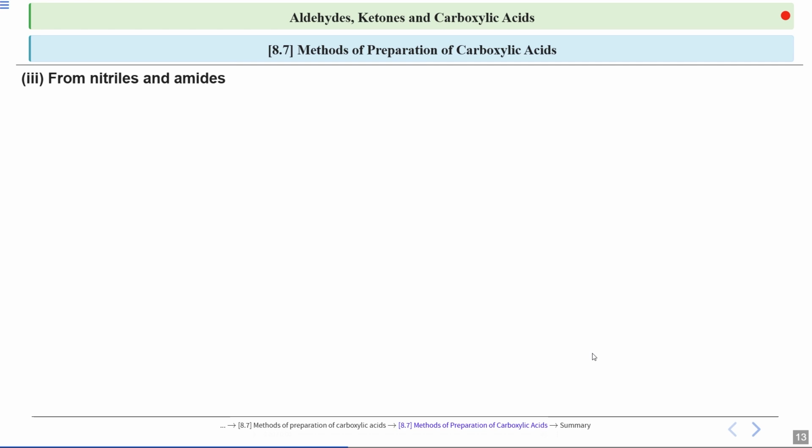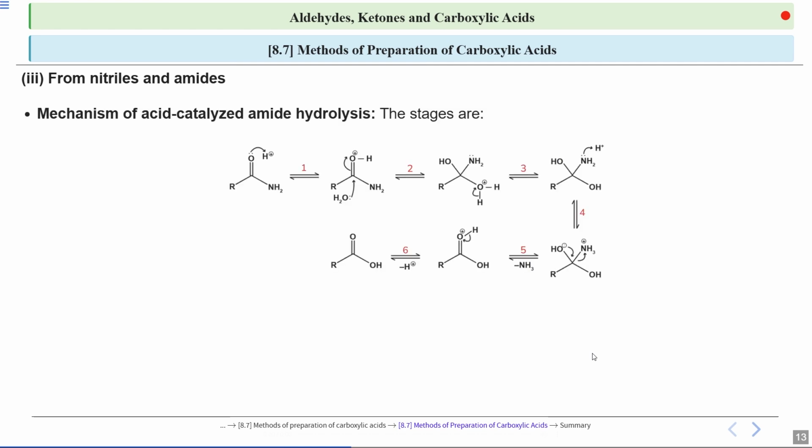Now we are going to explore the mechanism. How is this happening? This is the mechanism of acid catalyzed amide hydrolysis. One by one we are going to see all the steps. The first step involves the protonation of the oxygen atom in the carbonyl group, which is facilitated by an acid catalyst. So the oxygen of the carbonyl group gets protonated.